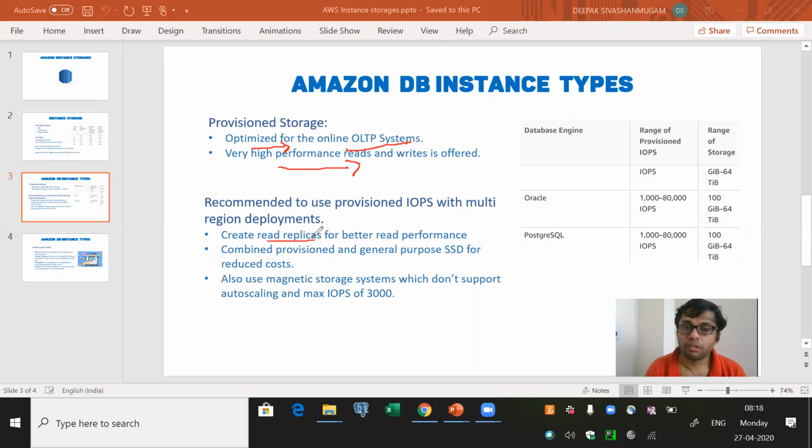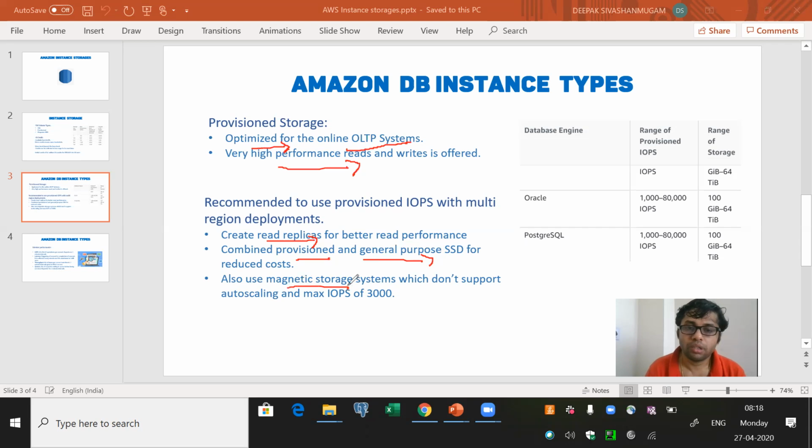You can create a replica for better read performance, and you could combine provisioned and general purpose SSD to control your cost.